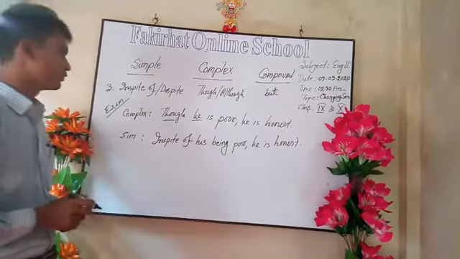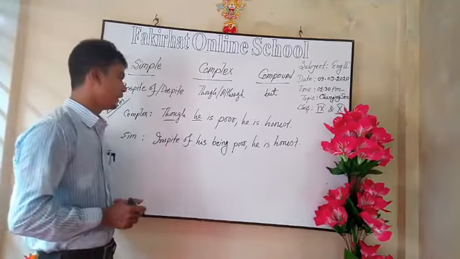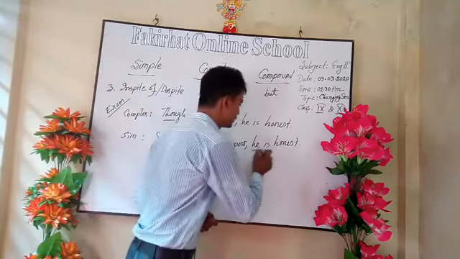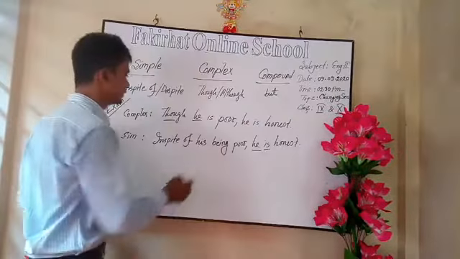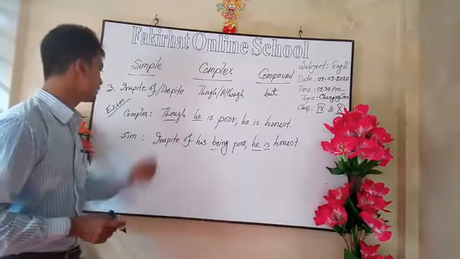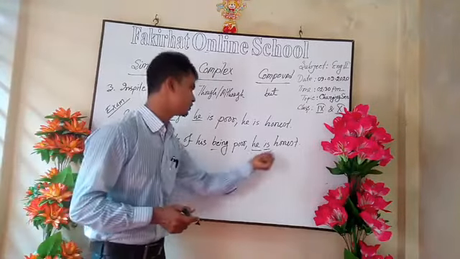Okay, dear students, please look at the board, and you can see one subject and one finite verb. This is a non-finite verb. So this is an example of a simple sentence. In spite of his being poor, he is honest.